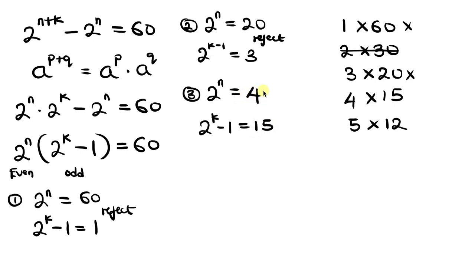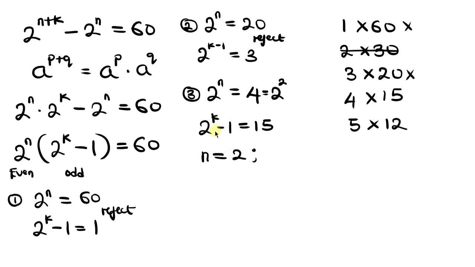So what I'm going to do, I'm going to be raising 2 to the power of 2, which gives 4. Now notice that the base on the left and the base on the right are the same. So we can just equate the powers. So easily you see that n is equal to 2.